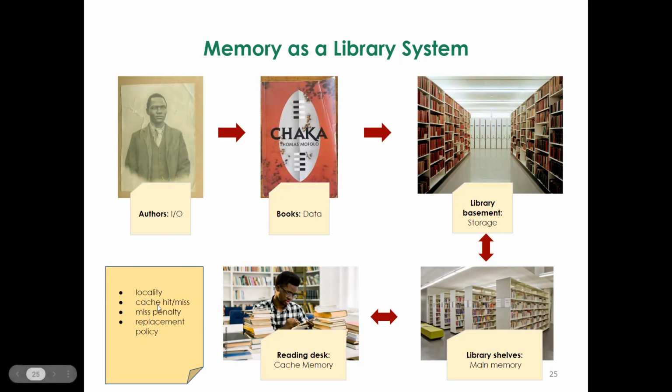So at times it happens that the processor, being the visitor in the library, has pulled books from the shelves and placed them on the desk, typifying your cache memory. And obviously, your desk is smaller than the shelves. The shelves are smaller than the basement.